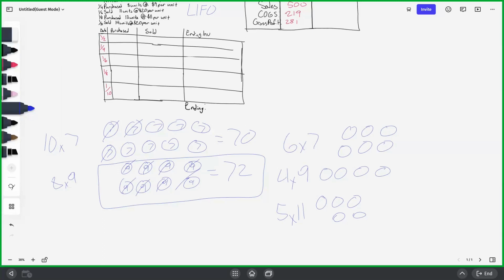We have to focus on this 5 and get rid of it before we can even touch this 4. We have to get rid of the 4 before we can even touch the 6. So if we're going for the same 11 units, we have 5 here, 4 here, meaning 9, so we have to get rid of 2 here to get 11.